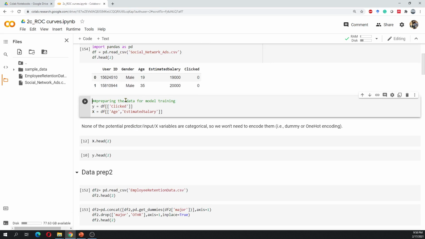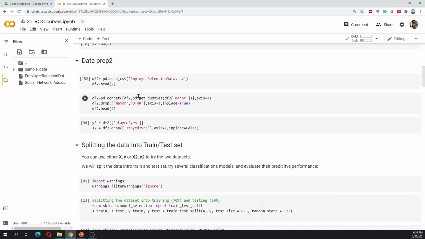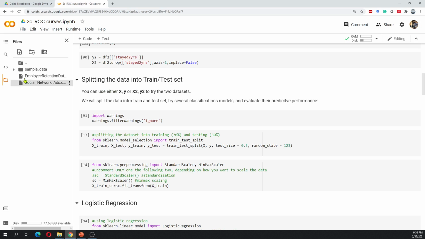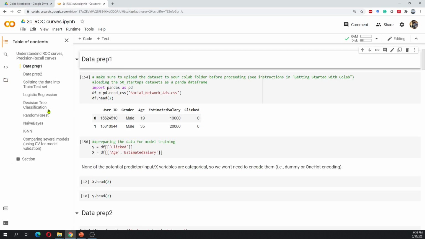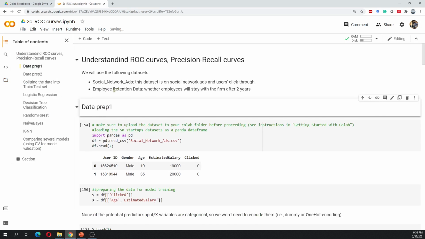I'm going over two examples here. So y is the clicked variable, and x is these two variables, and we're going to go to the splitting. Let me show you over here. The data prep 1 is the first data set I'm using, and I'm going to post both of these on eLearn as well in case you want to further explore it.